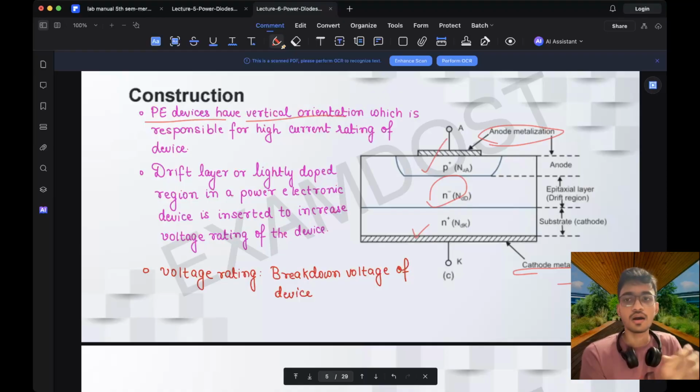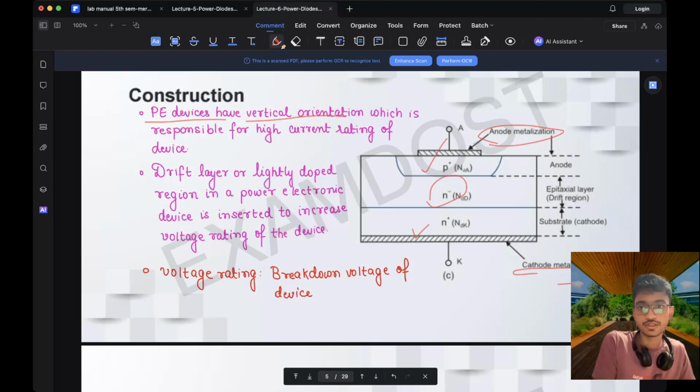These are power electronic devices, and they have vertical orientation.